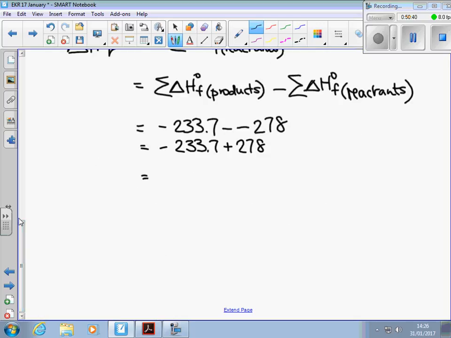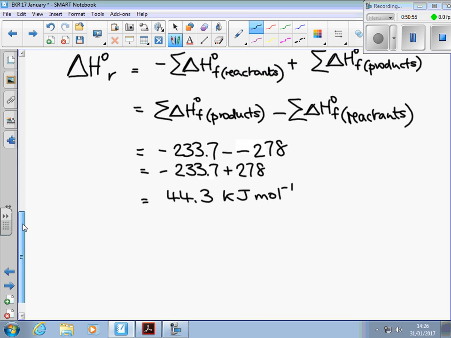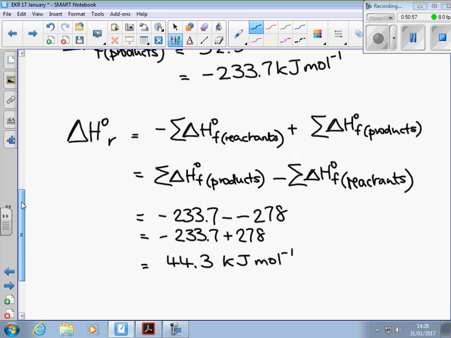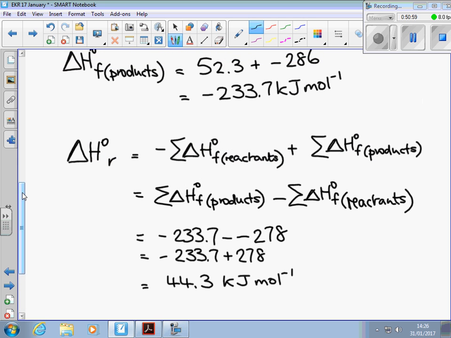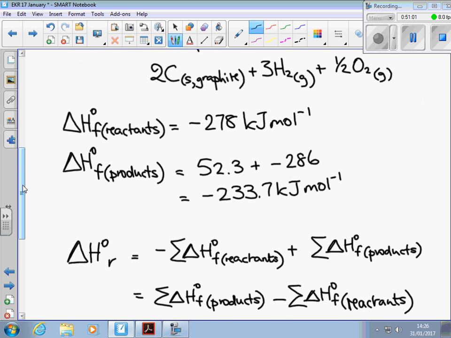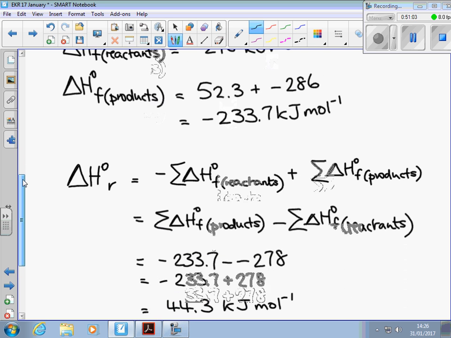And we should come out with 44.3 kilojoules per mole. So if that's what you got, well done. If you didn't quite get to that point, then make sure you've got that written down so that you can track all the working through. All right, whoops, slip there.